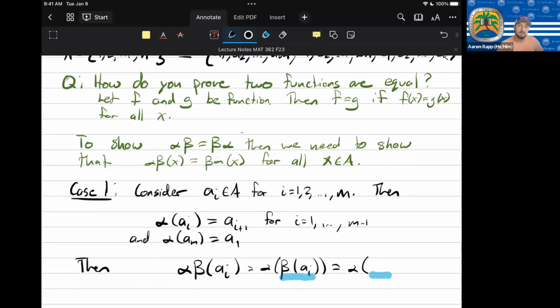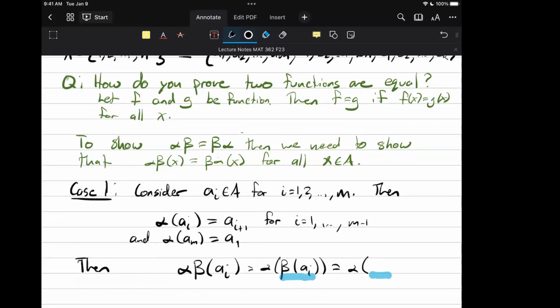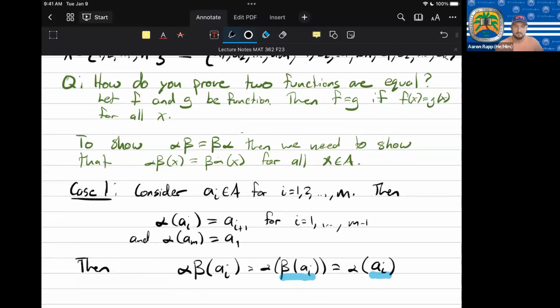That is beta of a sub i. So what would be the output from beta of a sub i? A sub i. It wouldn't permute it. It doesn't touch it because it's one of those little a's.